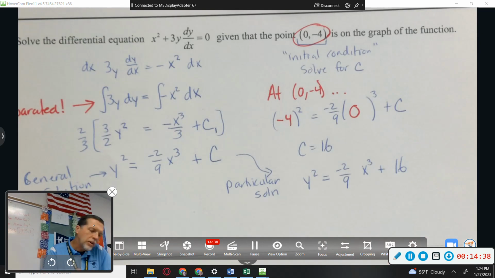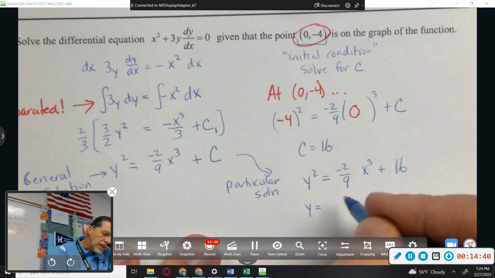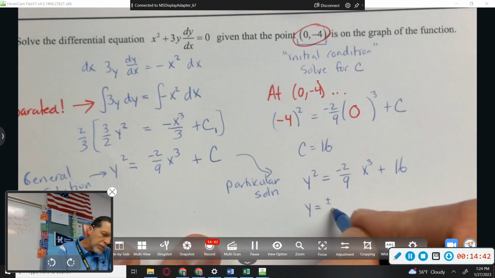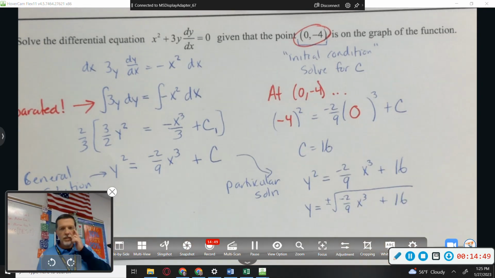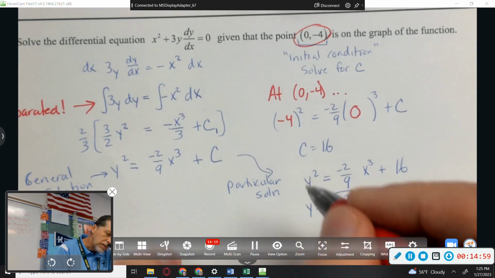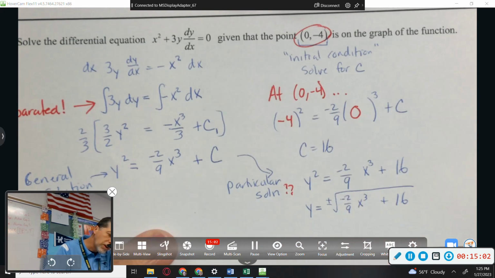Yes, now we can square root. And when we put the square root, we get the plus or minus, which kind of is annoying because, I don't know, is it really particular if I got a plus or minus on there? You need to figure out which one it is. Okay. Particular solution, question mark.